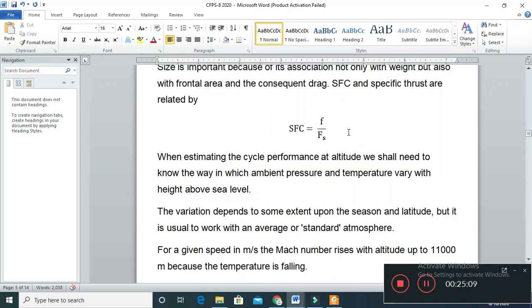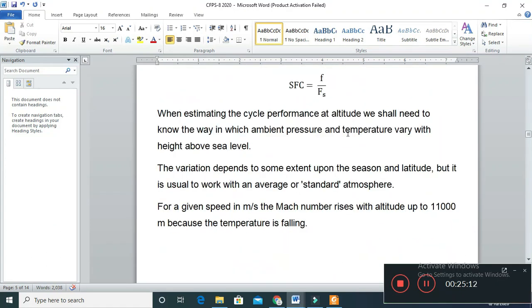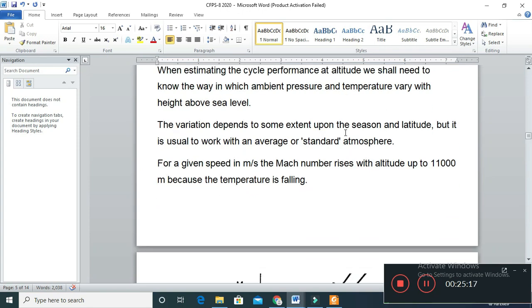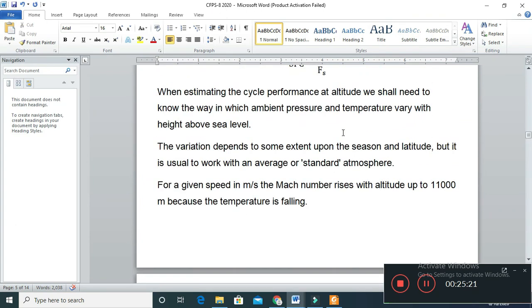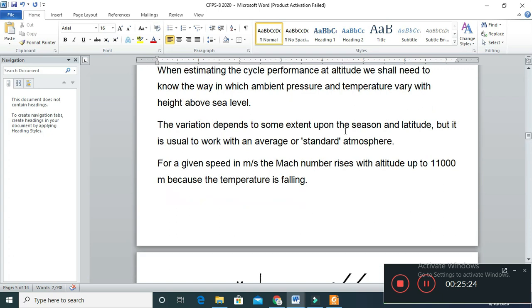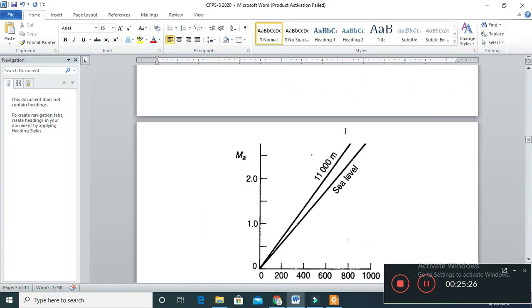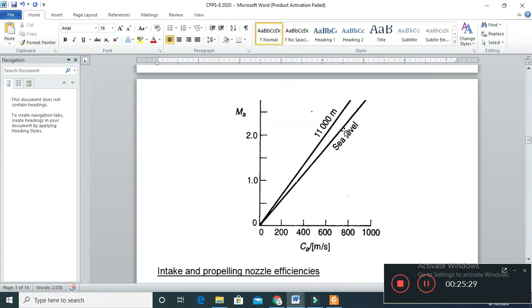As previously mentioned, the performance will be different at different altitudes, so we have to perform calculations of various parameters such as Mach number at different altitudes. For example, if the aircraft is moving with a certain value of velocity, then for a particular value of velocity, the Mach number can be different at sea level and at higher altitudes.